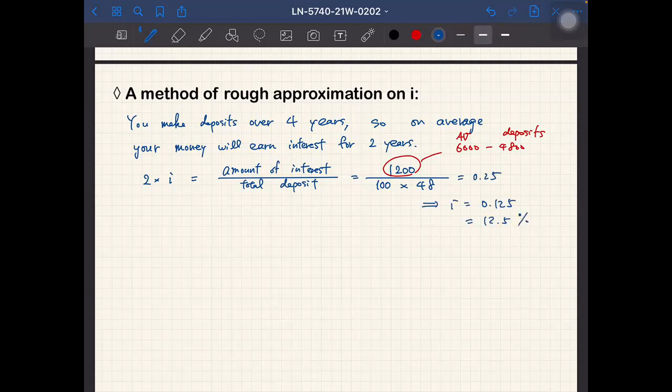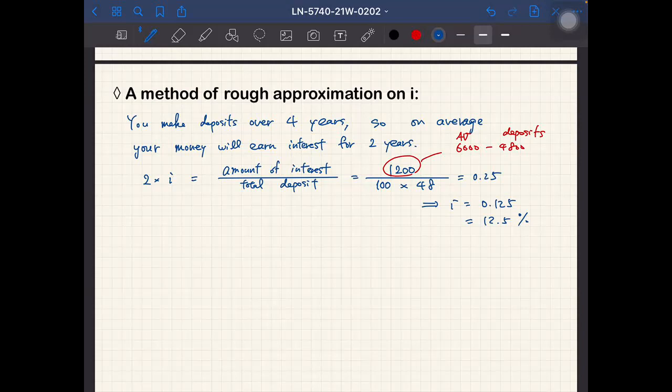So it's not very close to 11.6%, but at least it's a reasonable guess for I. In a usual year, in face-to-face classes, every time I solve questions, I ask students what the approximate answer is.